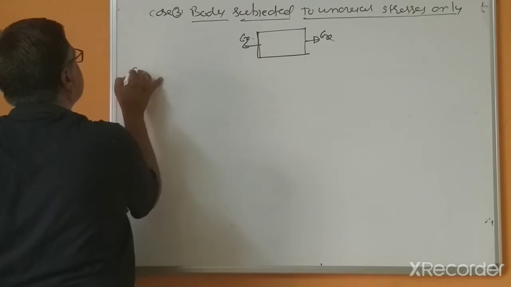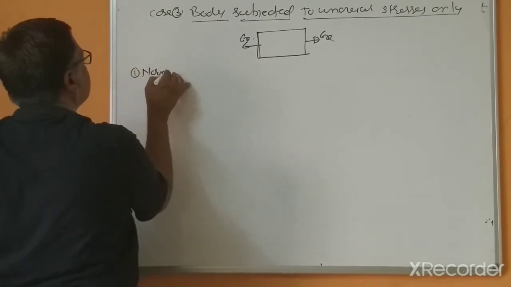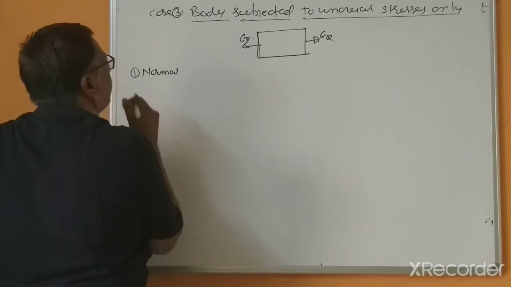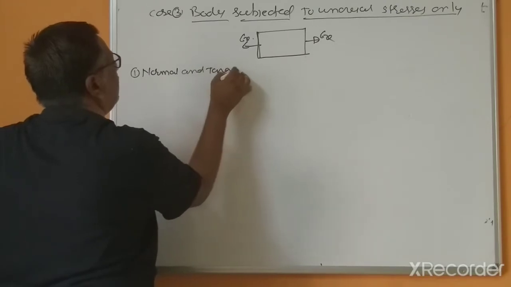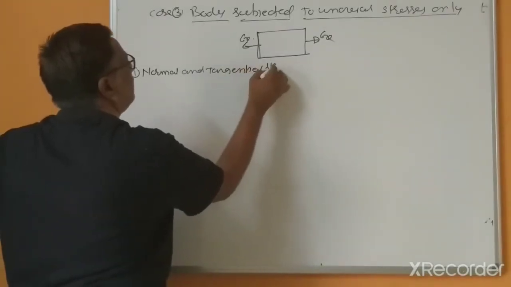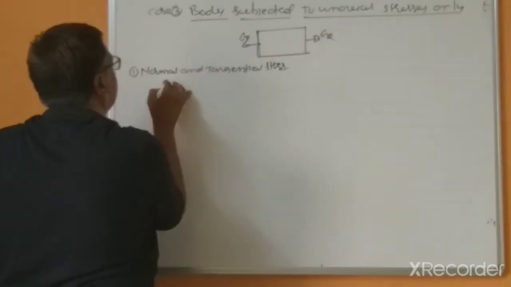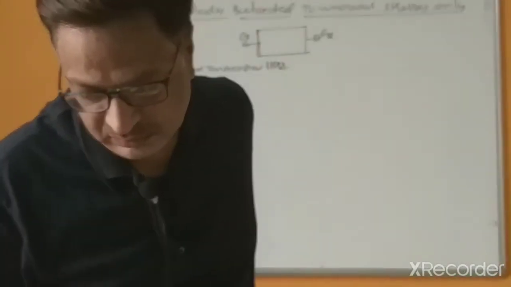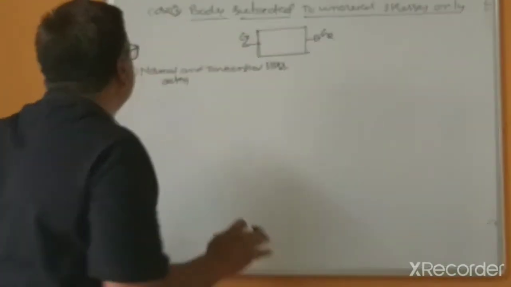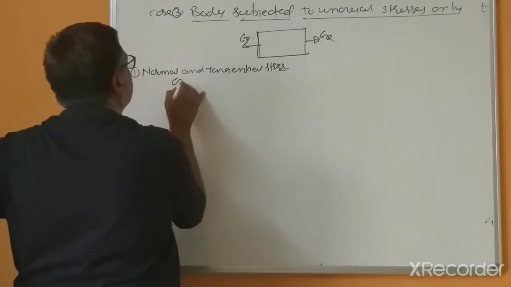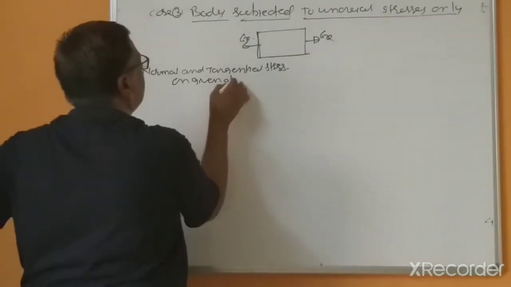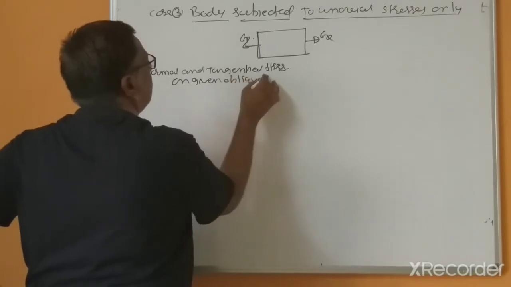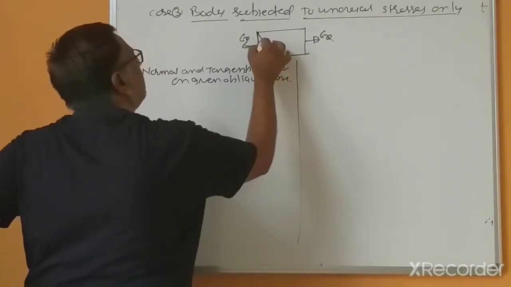So that's why here the normal stress and tangential stress acting on a given oblique plane. So this is the plane, this is theta.